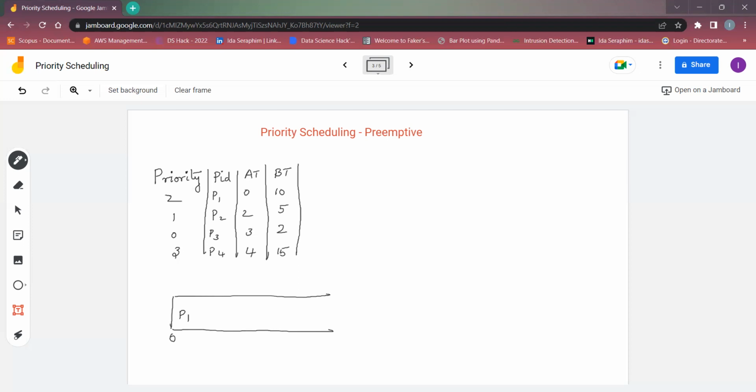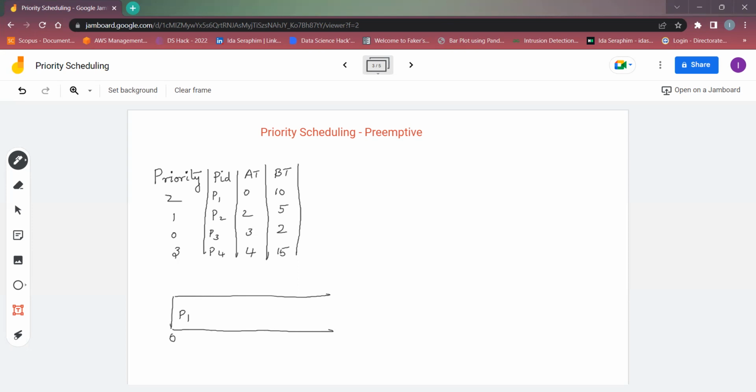At the 2nd millisecond, process P2 comes in with priority 1. Compared to P1, P2's priority is higher. Because we are in a preemptive mode, the CPU has to stop the execution of P1, take the process P2, and execute it.